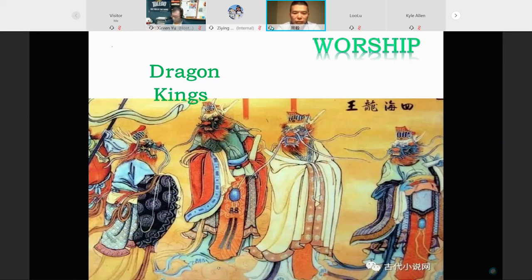The red dragon named Aoqing is the patron of the South Sea. The black dragon named Aoshun is the king of the North Sea. The Asura dragon, we just saw that, named Houguang, is the ruler of the East Sea. There are four dragon kings controlling the four seas around China.